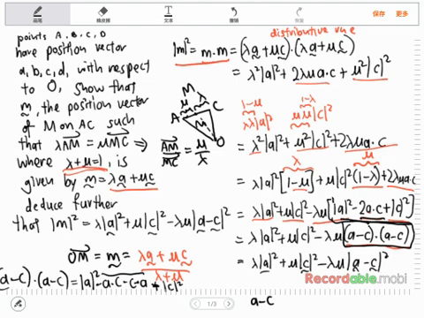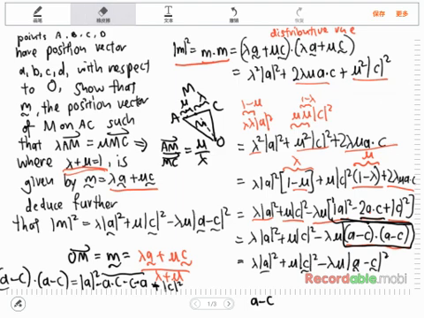So the next step, I know that a minus c dot a minus c is just mod a minus c squared, just like a dot a equals mod a square. So a minus c dot a minus c equals mod a minus c squared, just applying the formula.